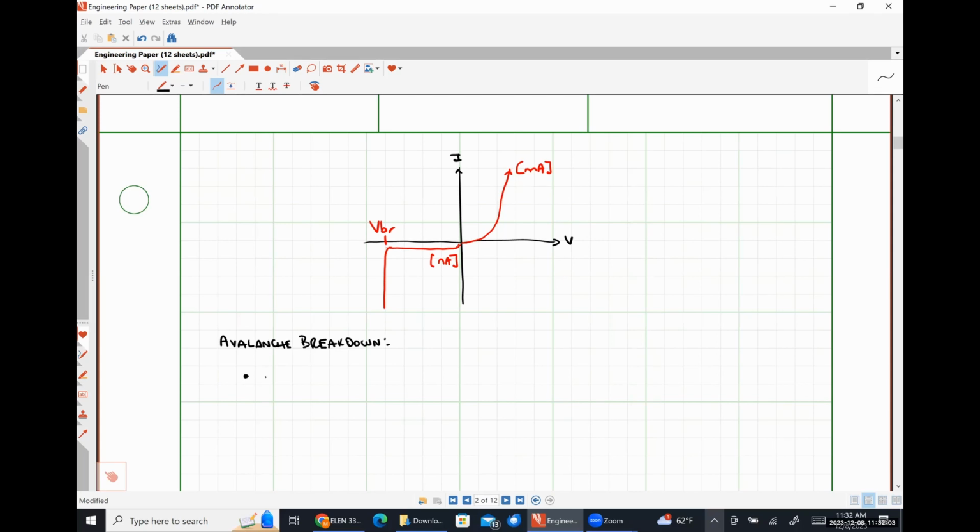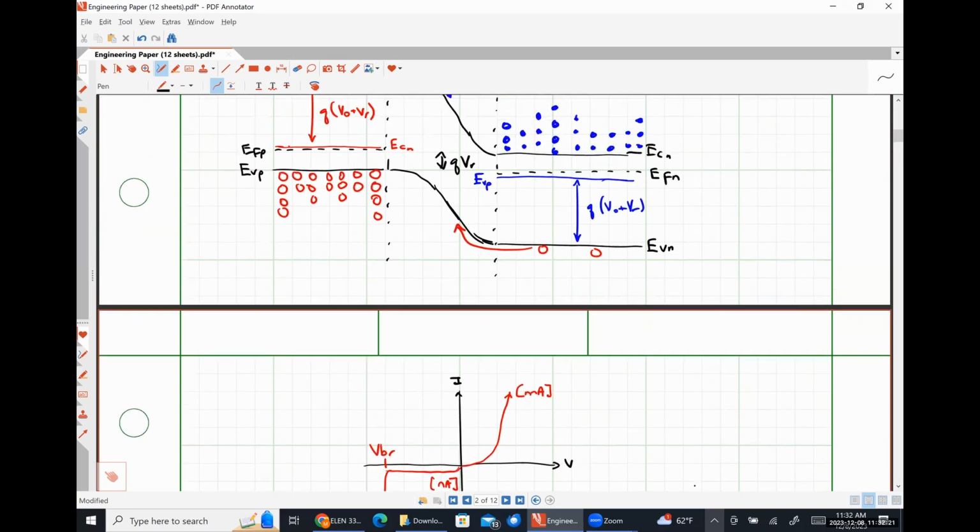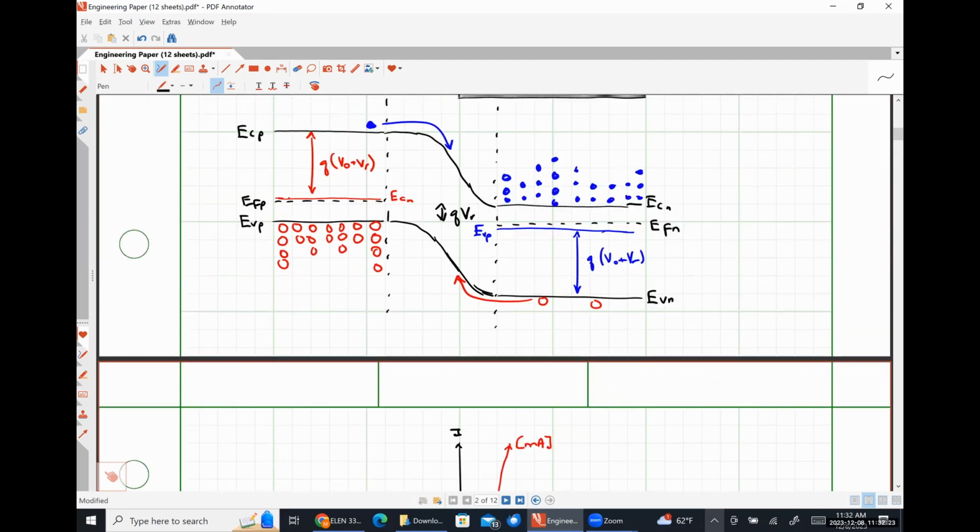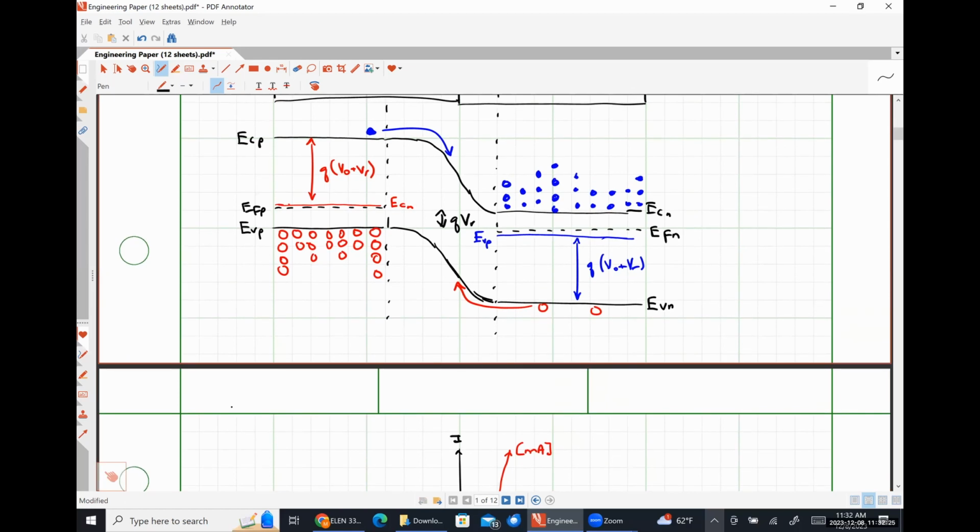We need to have a lightly doped PN junction. So let's talk about why that is by looking at this energy band diagram here really quick. What do we know about doping concentration levels and the width of the depletion region?